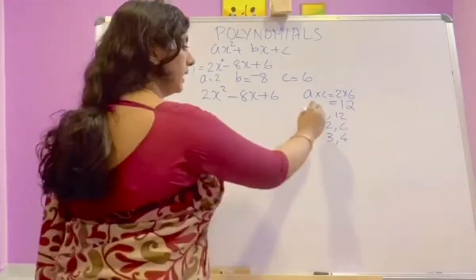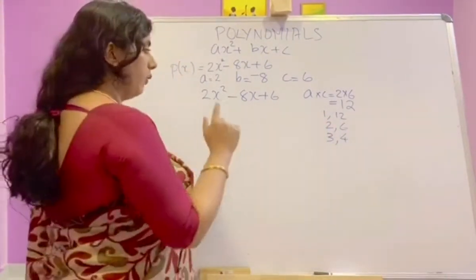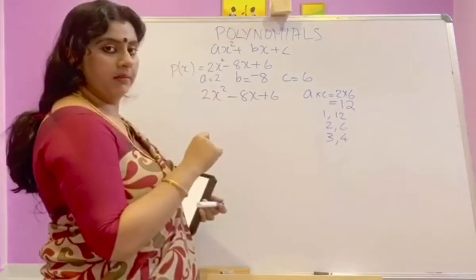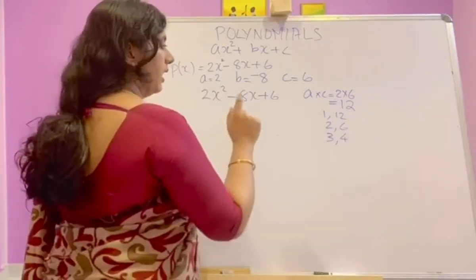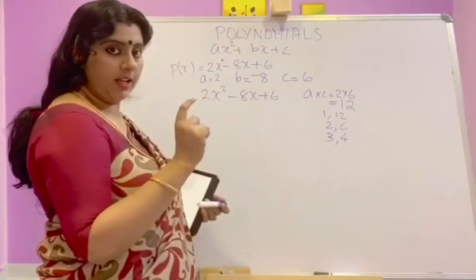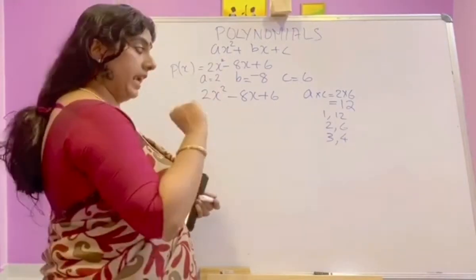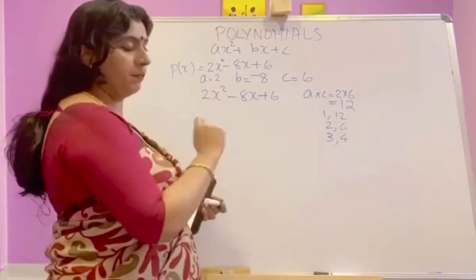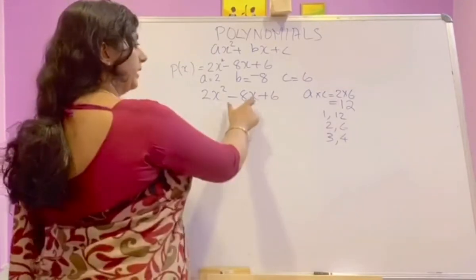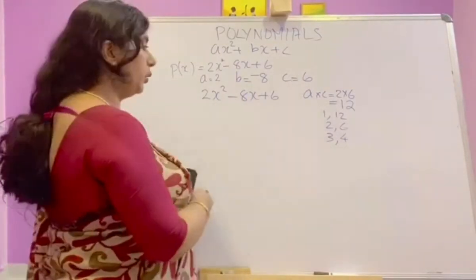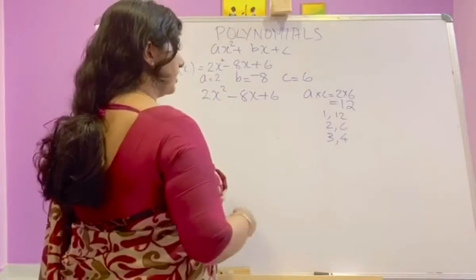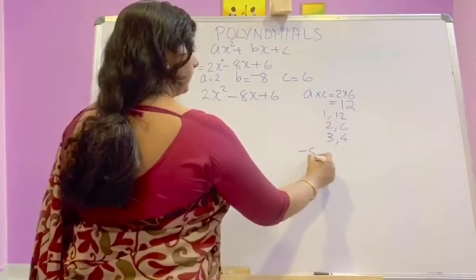Now from these pairs, we want to take one pair. But the condition is, from that pair, after doing addition or subtraction, with negative or positive of that pair, we want to get the middle term. Now the middle term coefficient is negative 8.